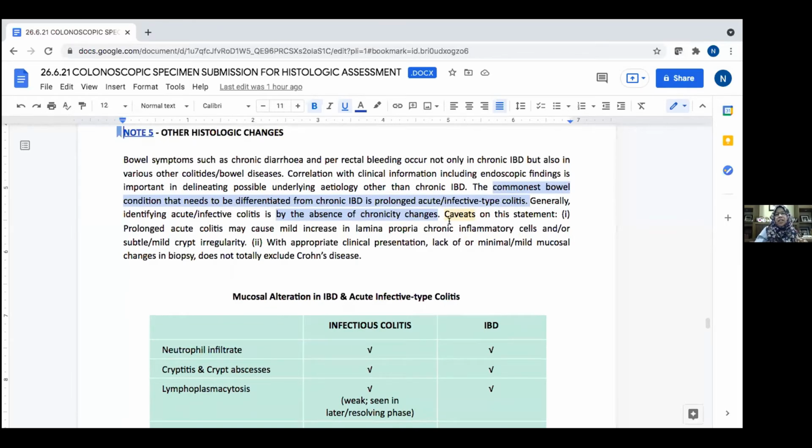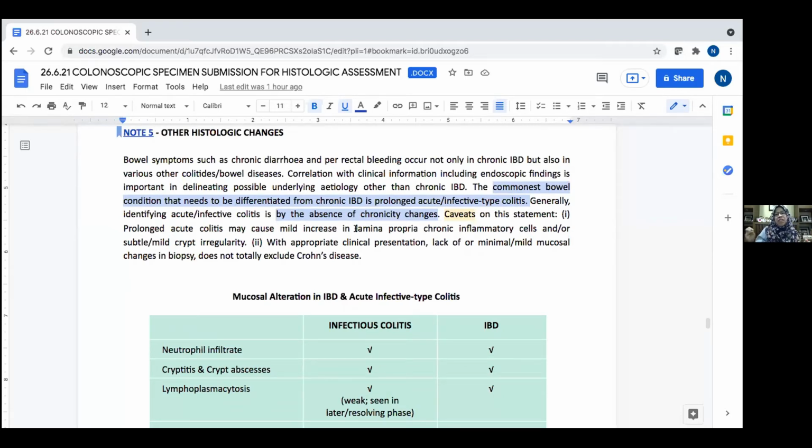But a caveat to this is that in Crohn's disease, sometimes you can have very little chronicity change, or the areas biopsied do not show an increase in chronic inflammatory cells or significant mucosal architectural distortion, and with no granuloma.